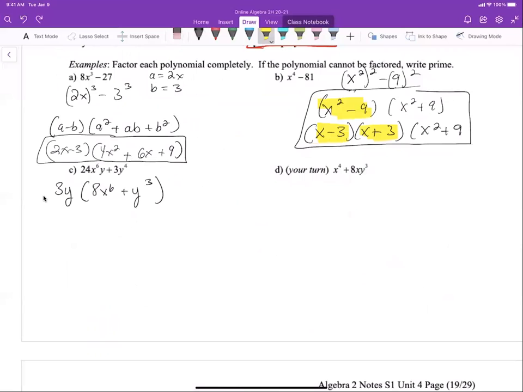I pulled out a 3, I pulled out a y, I'm left with 8x to the 6 plus y cubed. Notice 6 is a multiple of 3, so it's probably a cube, and sure enough it is. That is the same as 2x squared, which is cubed, plus y cubed.